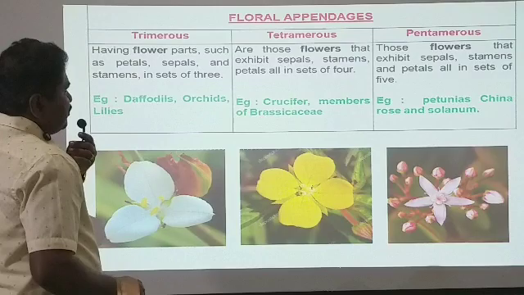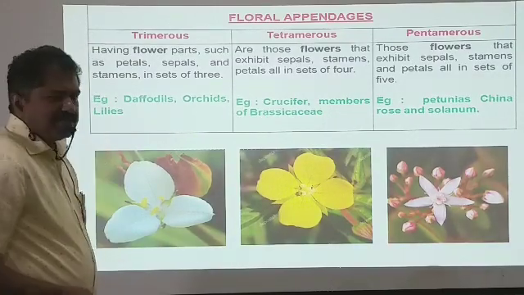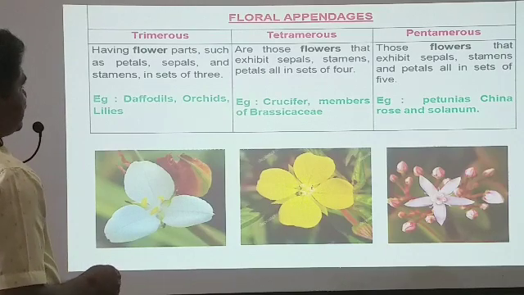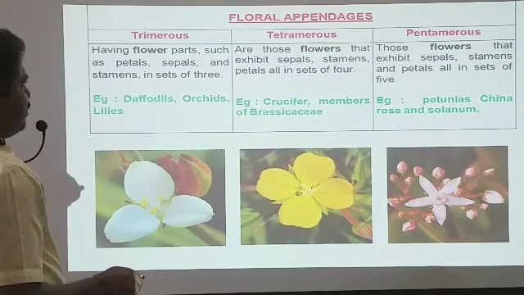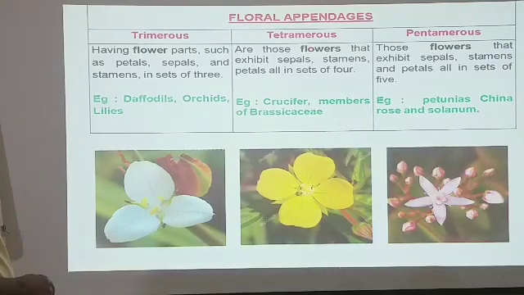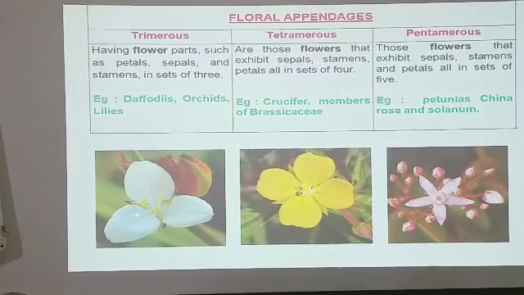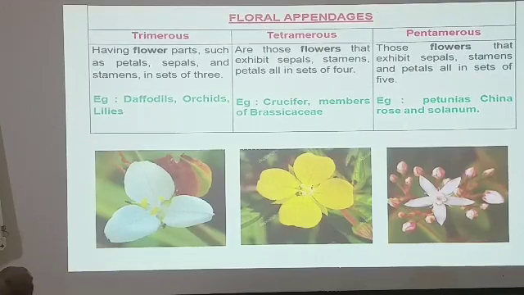Now let us see the floral appendages. Based on the floral appendages, flowers are classified into trimerous, tetramerous and pentamerous. Trimerous is 1, 2, 3: the flower has petals 3, sepals 3 and stamens 3 in number. That means petals, sepals and stamens in sets of 3.